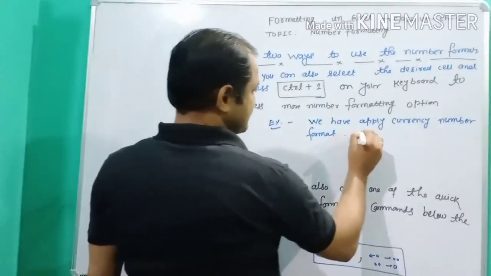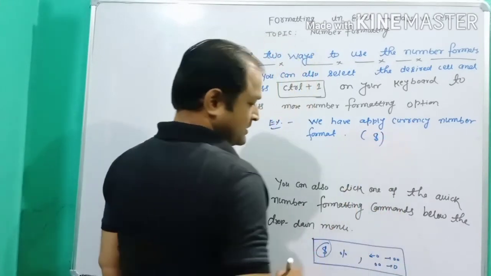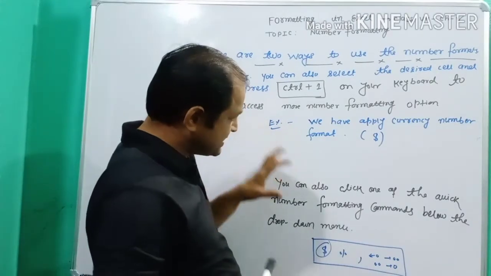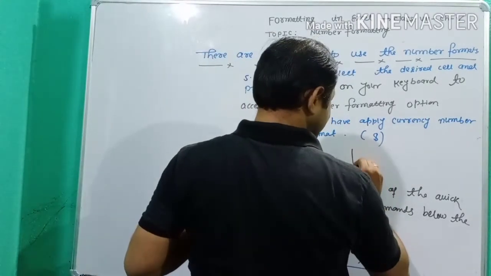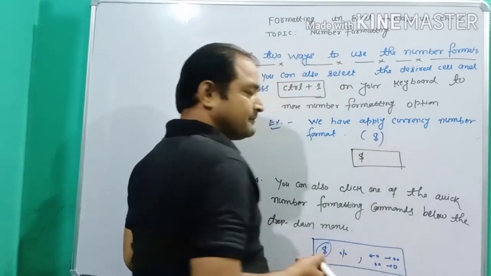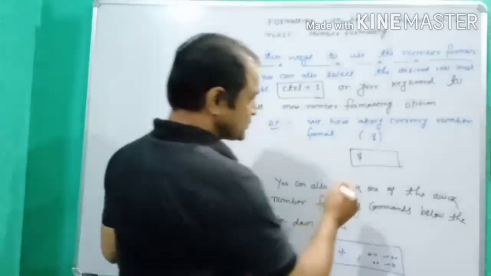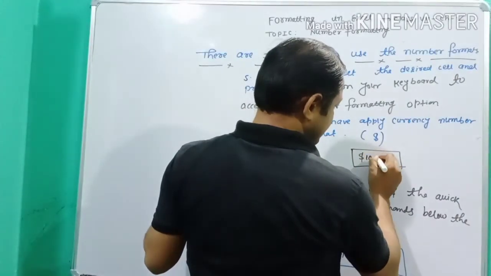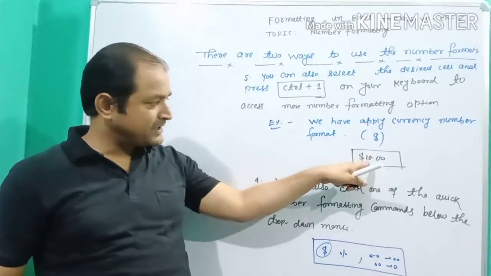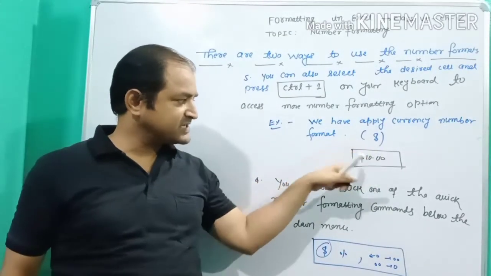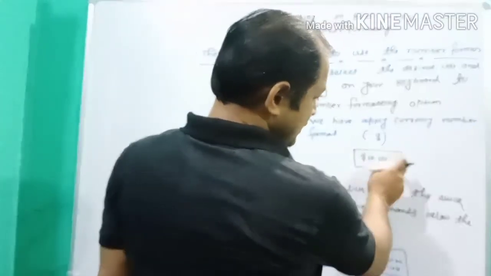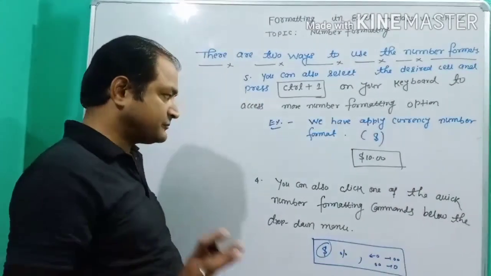The currency symbol is the dollar, and it is displayed in the spreadsheet. Suppose my currency value is 10. So this is the currency and the 10. This is shown in your laptop in this category, with two decimal places for any numeric value.